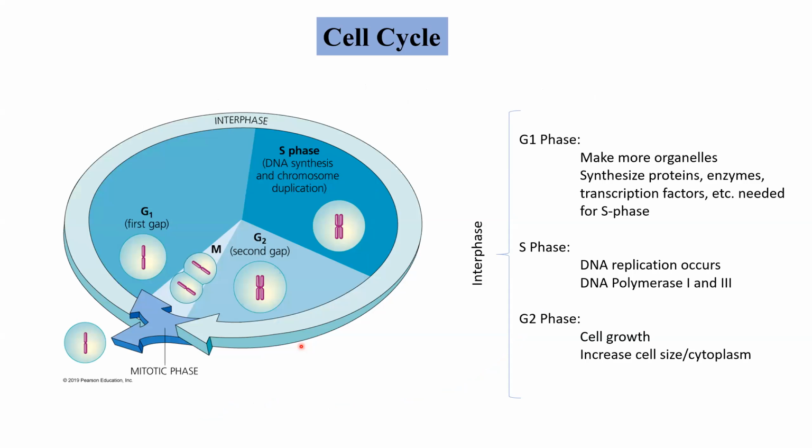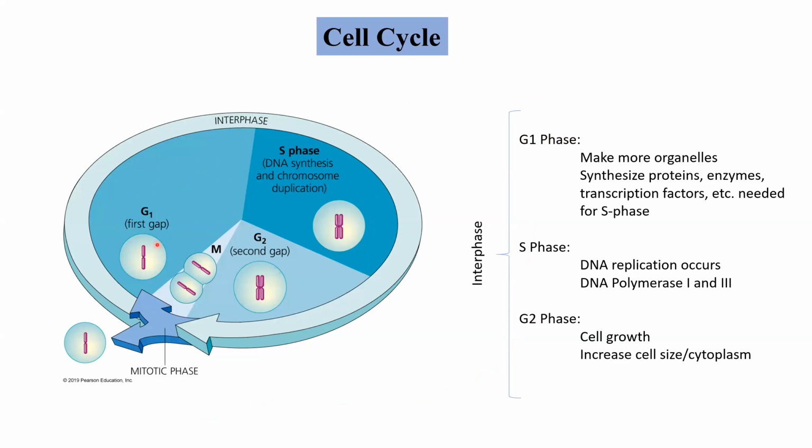So I already mentioned this a little bit, but your interphase will consist of these three phases. Your G1 phase is your first gap phase, and this is really your first growth phase. So we're basically going from one cell to two cells, right?